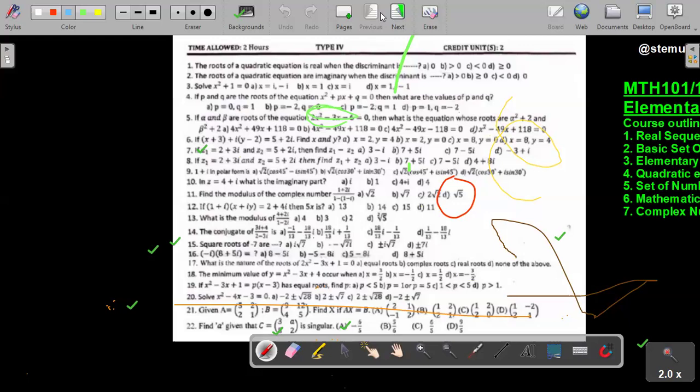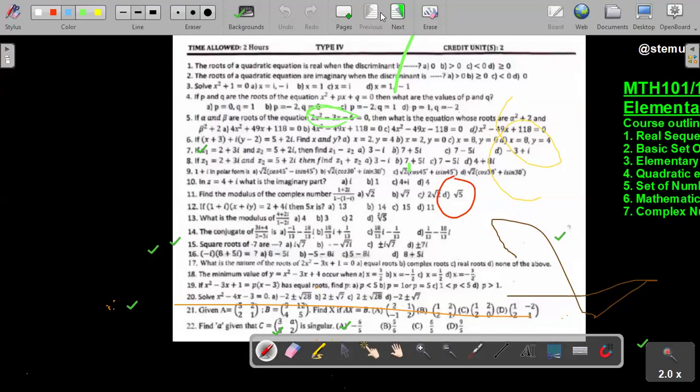I know the discriminant value states that D equals b squared minus 4AC. So let's see how we can achieve that.